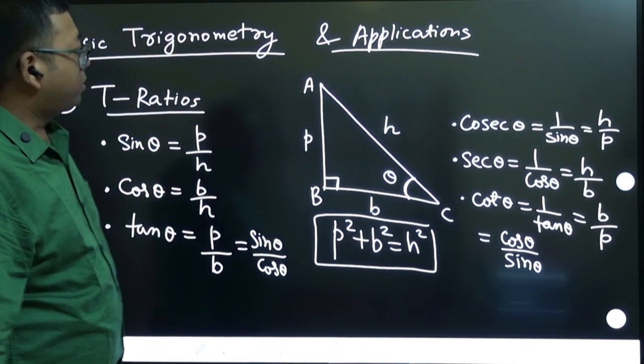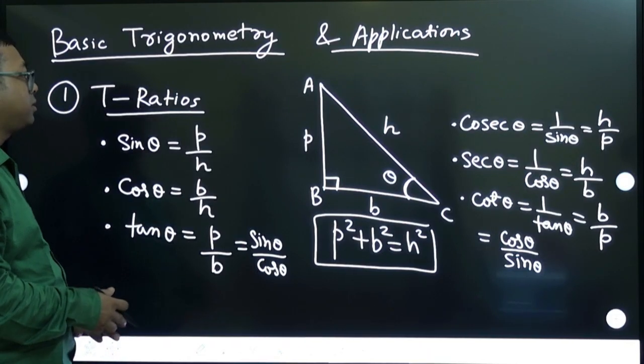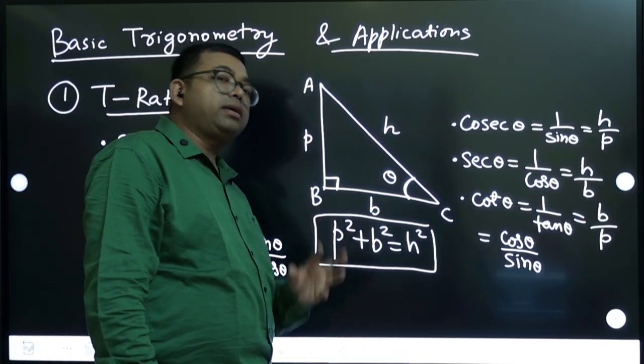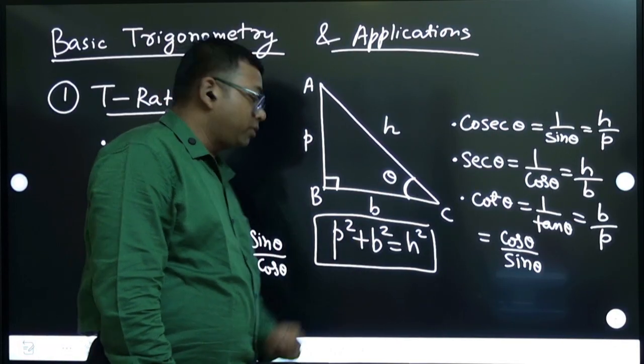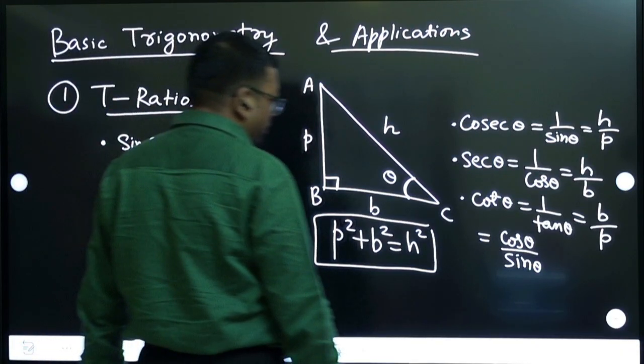So here these trigonometric ratios are there, and what are the important things in this? What is the value and all that? For standard angles, we should know the values. What are the standard angles? Let us first understand standard angles.